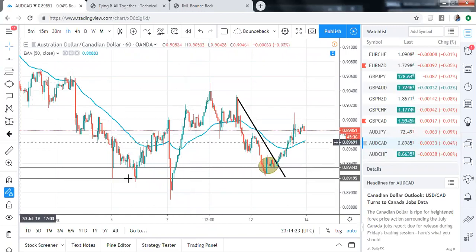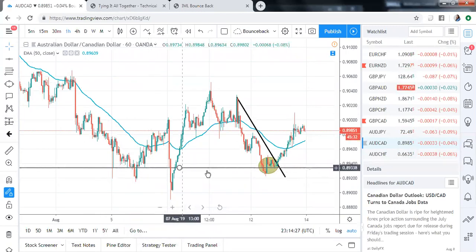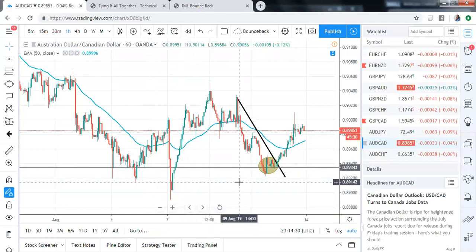So for example, if I had just placed, all right, this is my support, this particular line here, and I'm just going to say, that's my true support, but the trade dropped lower than that, right? Your stop loss could have been under there, so your trade might hit stop loss, and so on and so forth.